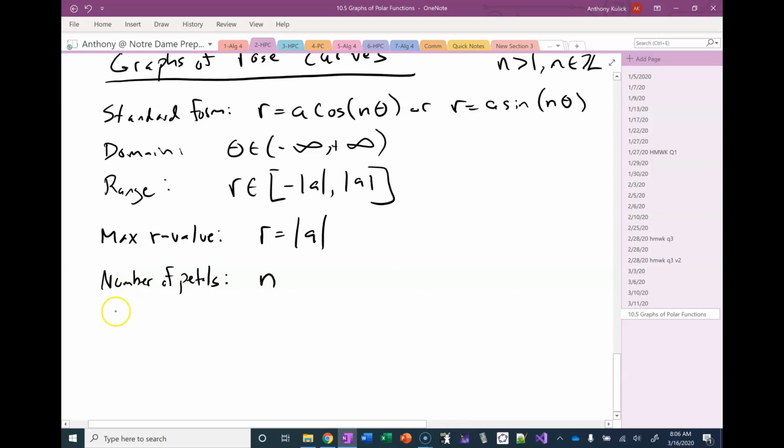And then we should talk about the symmetries. So if n is even, we have x-axis symmetry, y-axis symmetry, and alpha point symmetry.